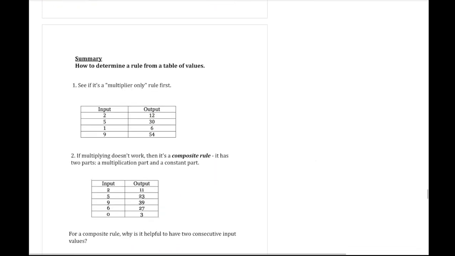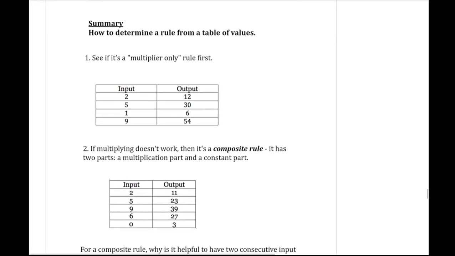We'll jump ahead right into our summary just to go over the rules or tips and strategies. So how to determine a rule from a table of values? Well, first, see if it's multiplier only. Look to see, is it just as easy as multiplying the input by a single value?